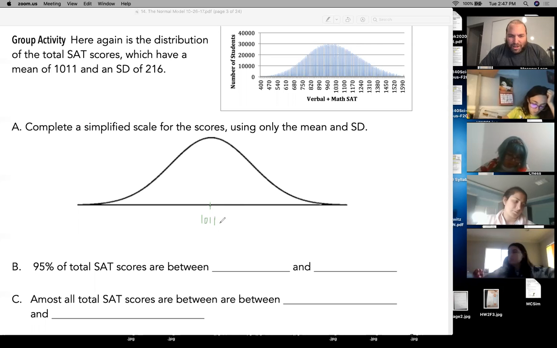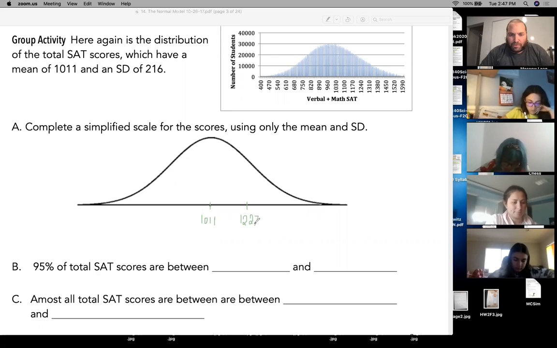Okay, well, I'm sorry. So 1,011 is the mean. Now, if I go one deviation to the right about here, then what value do I get? 1,227.